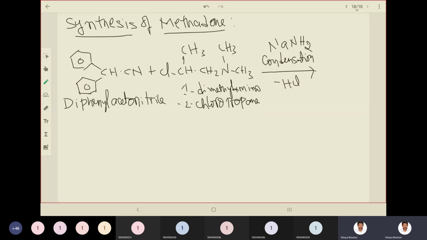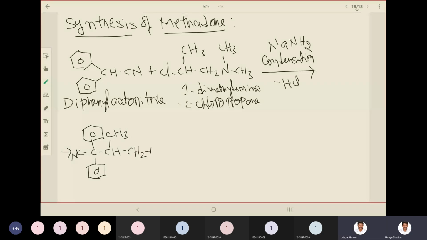Okay, let me continue from here. So diphenyl acetonitrile, right? Nitrile group, and we are condensing it to the propyl intermediate.